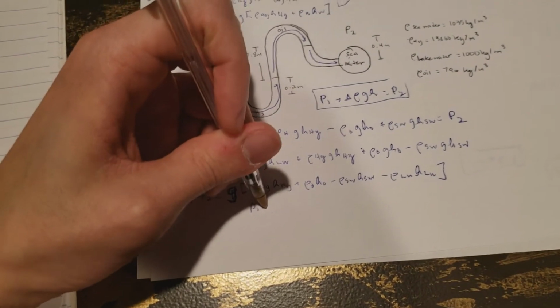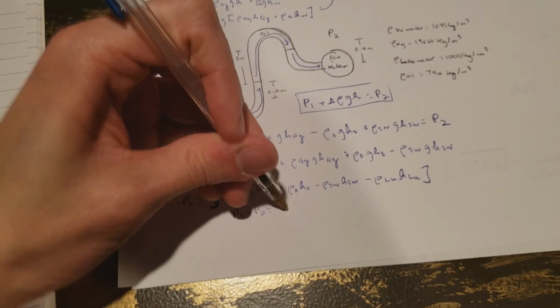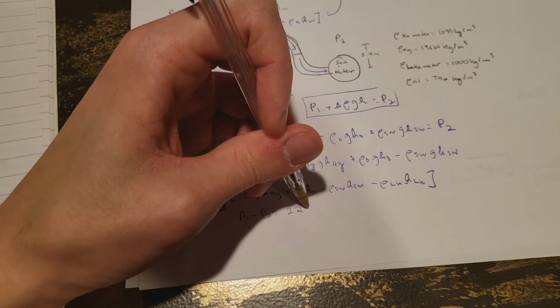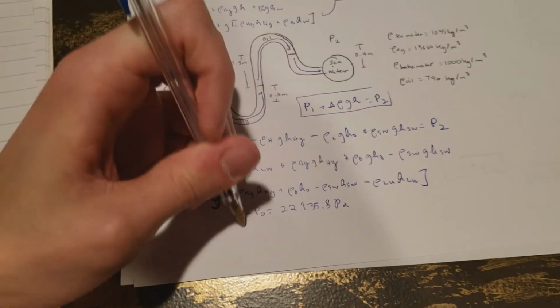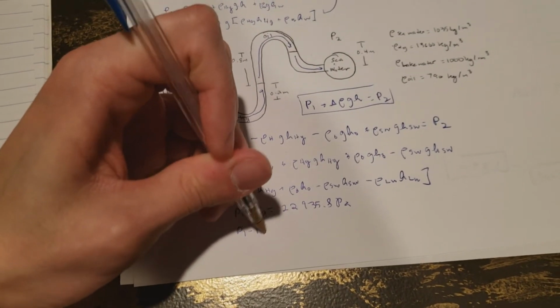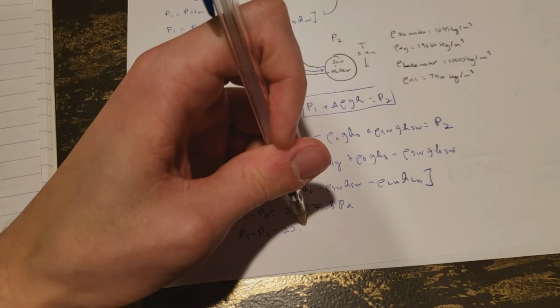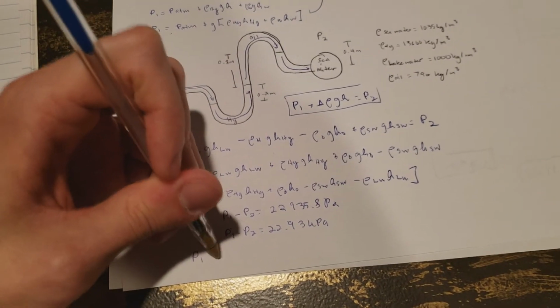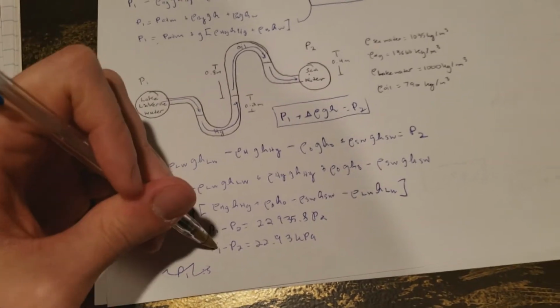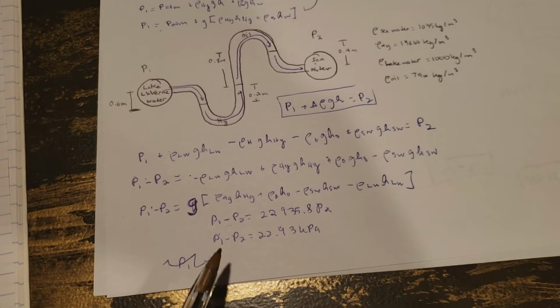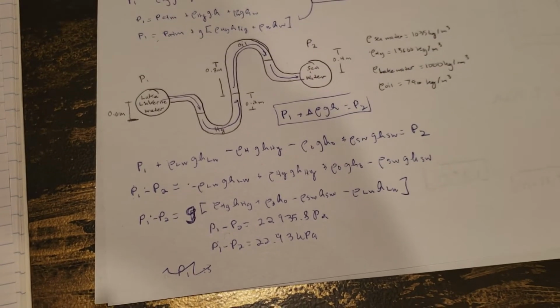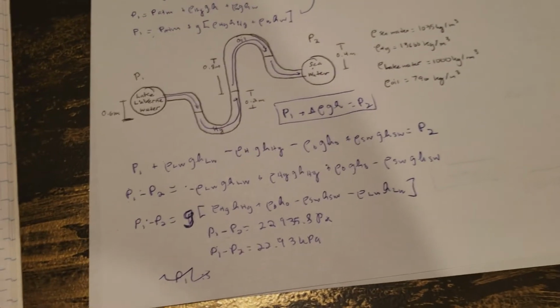So after doing all these calculations, you get 22,935.8 pascals. We want it in kilopascals. So I'm going to get 22.93 kilopascals. So pressure 1 is 22.93 kilopascals more or higher than pressure 2.